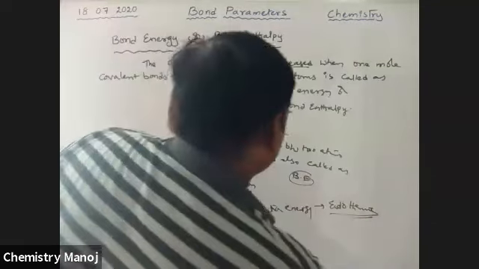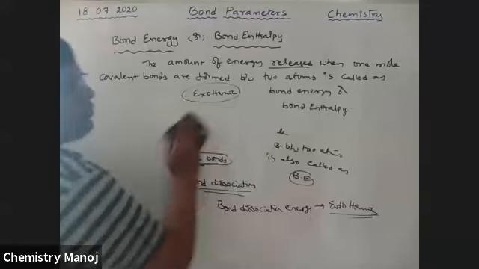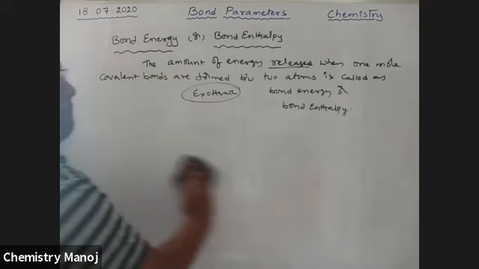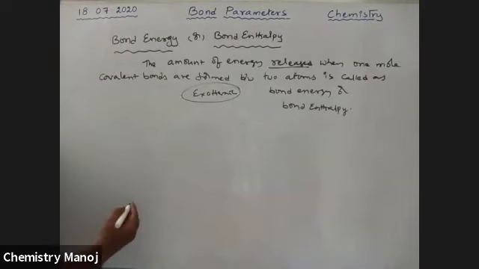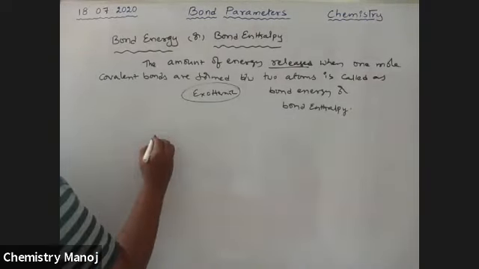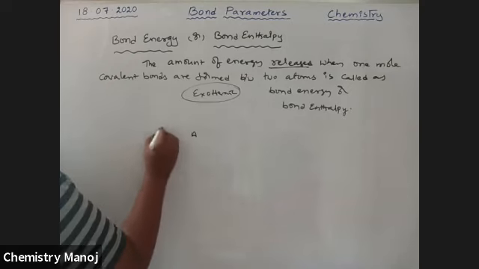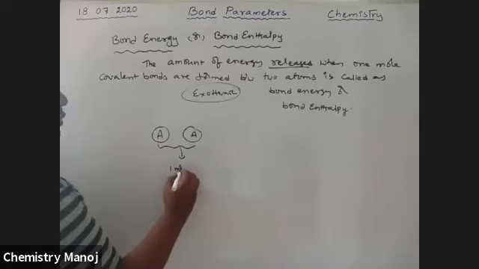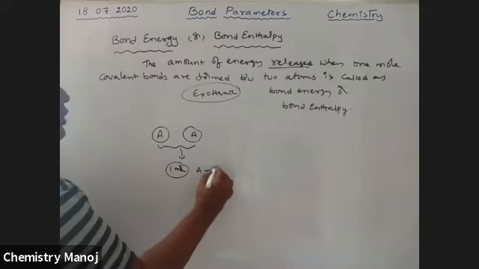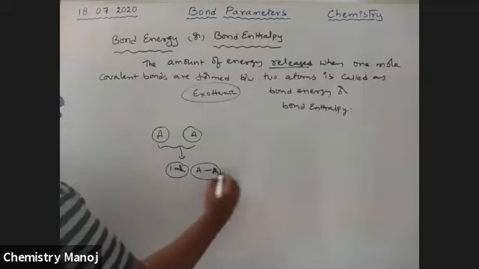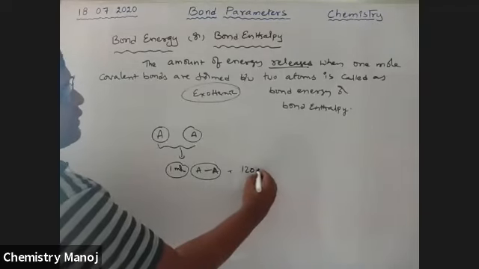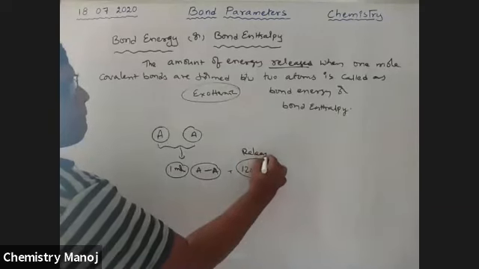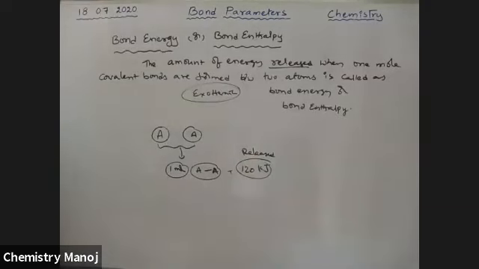See here. For example, I am going to form a bond between A and B. So there is A and another A, which gives 1 more A bond formed. During this process, say 120 kilojoules of energy is released.